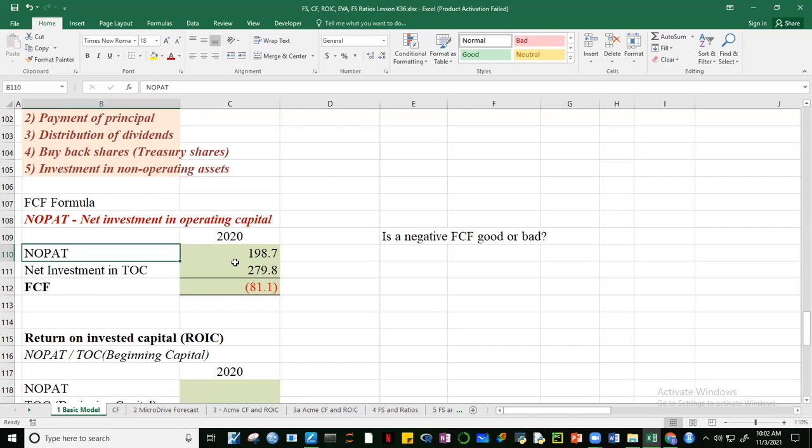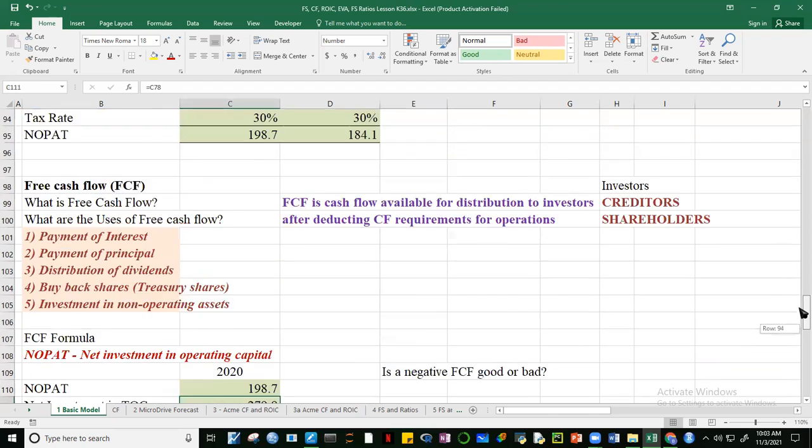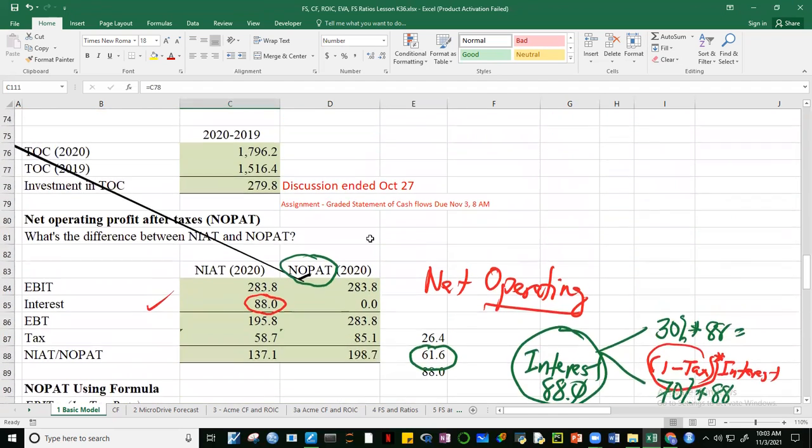Our NOPAT for 2020 was 198.7, and our net investment is 279.8. So let me double check. We got the net investment in TOC from row 78. We computed for this, and that's the reason why we had to compute for the net investment in TOC, because we're going to use this to compute for your free cash flow.